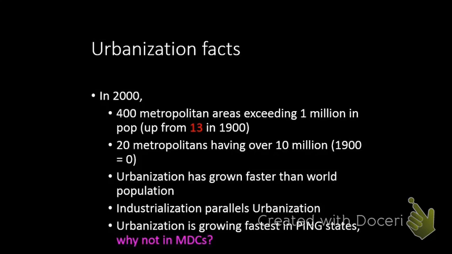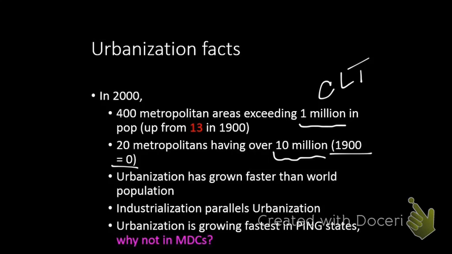Now, some facts about urbanization. This is a relatively recent trend. In 1900, we only had about 20 metropolitan statistical areas having 10 million people, and now we've got dozens and dozens. We've got 400 that just reached the 1 million mark.